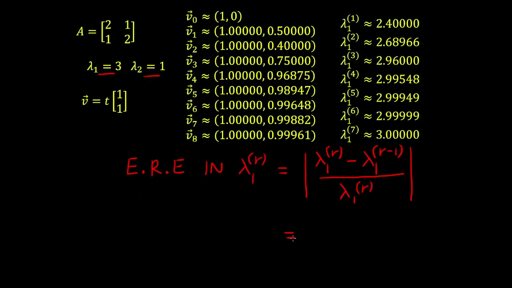So for example, after iteration 4, we have lambda1 4 is 2.99548 minus the estimated eigenvalue at the previous iteration over lambda1 4.